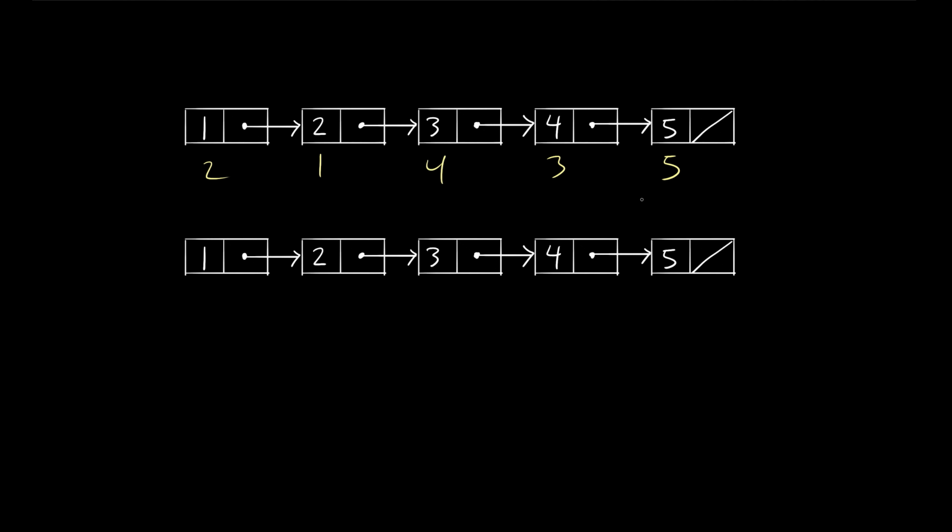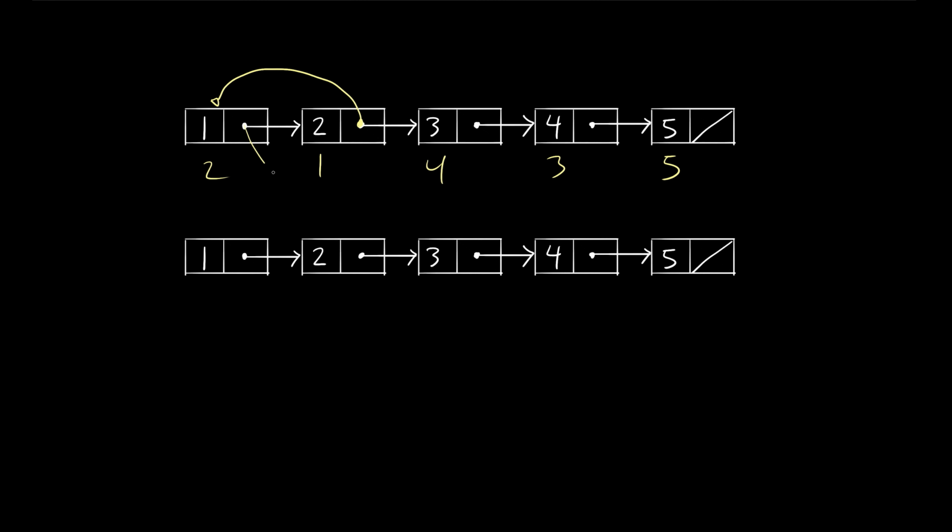So how are we going to get these numbers? When you think about it, swapping seems quite difficult because first of all, 2 is going to be first. You're going to have to get this guy to point to this guy. And then for 1, you're going to have to point this guy to the next guy. 3, but then it wouldn't be 3 anymore because you're going to be swapping 3 and 4.